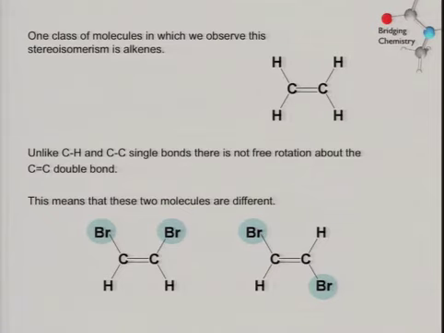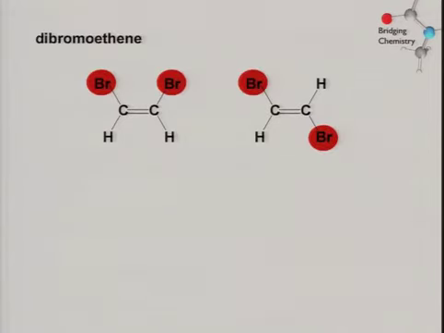Now we need to have a way of distinguishing one from the other, and so we have extra little bits of name that go on the front. The one where the two bromines are on the same side of the carbons as each other is called cis, and the one where they're on opposite sides of the carbons to each other is called trans. So trans is like a cross.